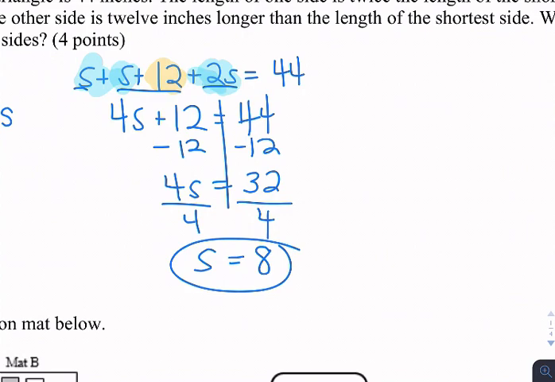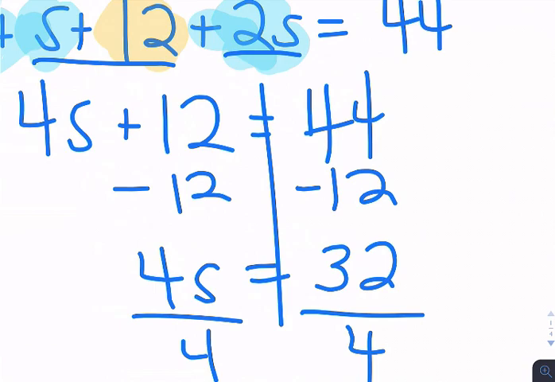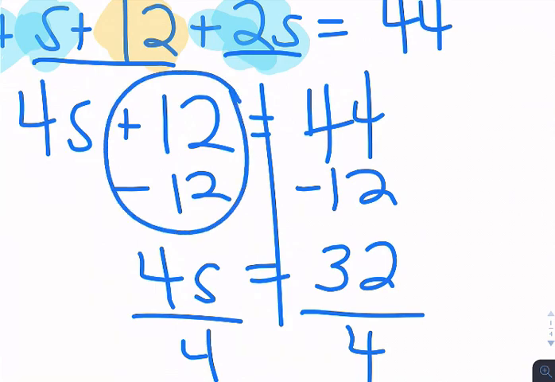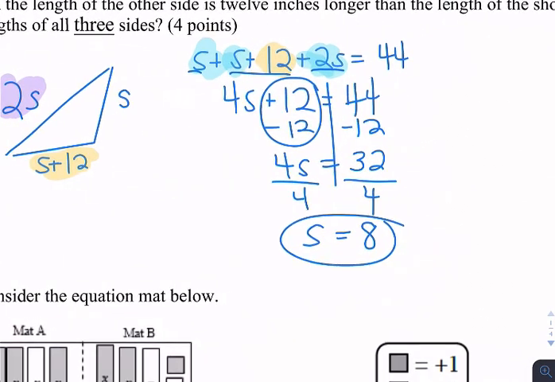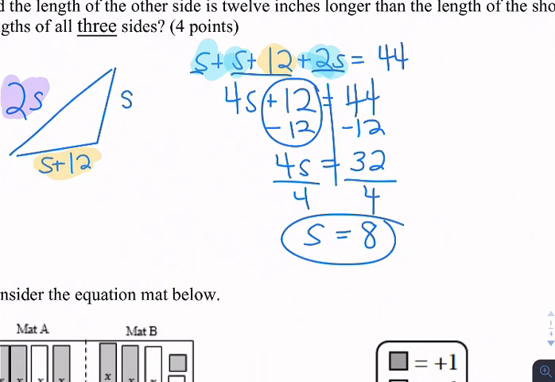Then, in order to undo this adding 12 and to get my S's alone on one side, I'm going to subtract 12 from both sides. That positive 12 and then taking away 12 make 0, so I'm left with 4S on the left side. And then once I take away 12 from 44, I have 32. My goal is to figure out what I can multiply by 4 to get 32.